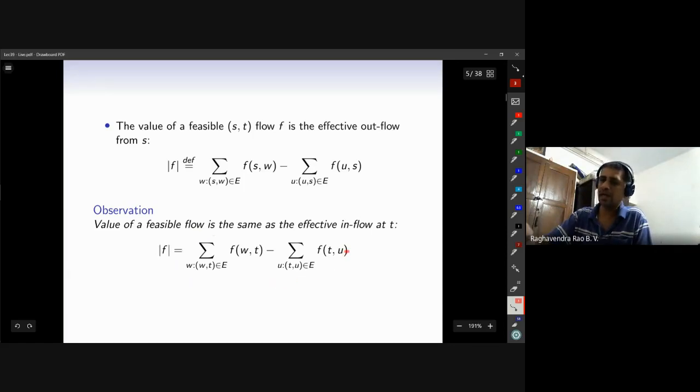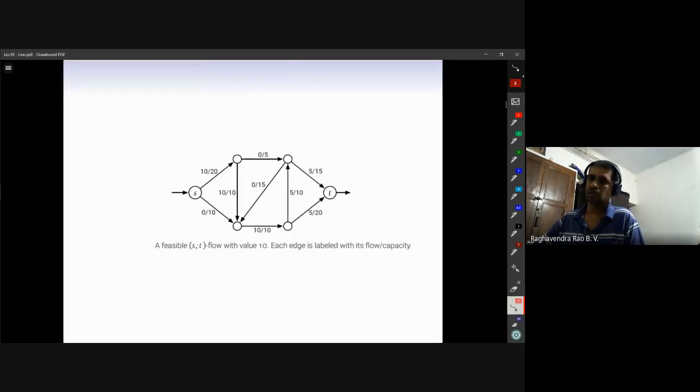It's the same quantity as the effective inflow at T. The only difference is I'm looking at the incoming edges to T first and then subtracting the outgoing edges, whereas for S, I look at outgoing edges first. This is an example again. The value of this flow happens to be 10.